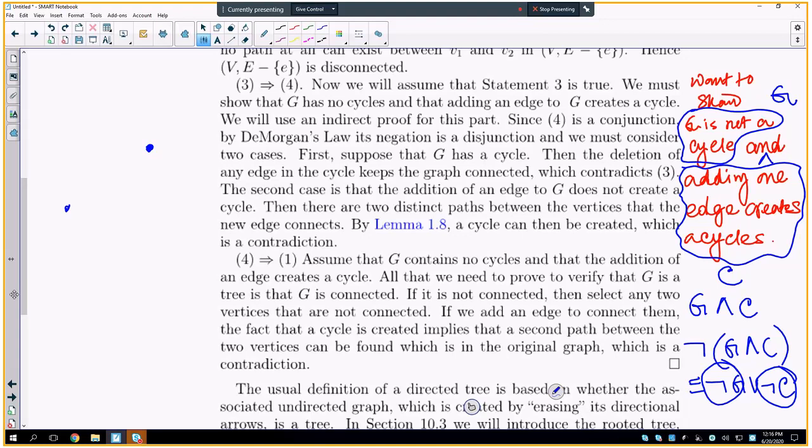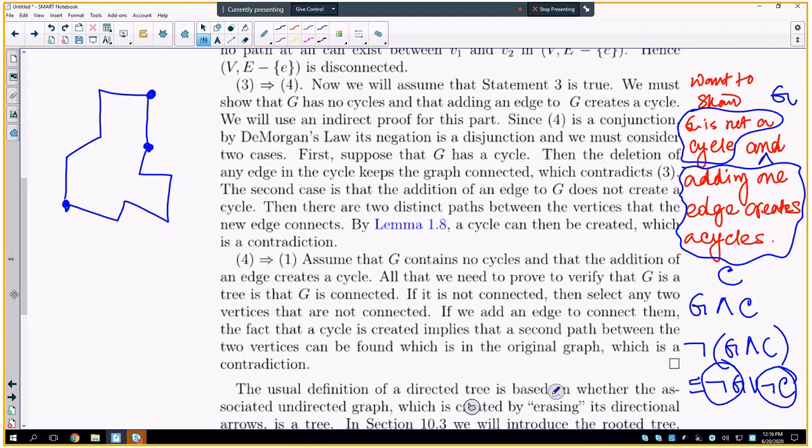So for example, I had this as one edge, and I had this as one edge, and then if I added one extra edge, then I get a cycle.